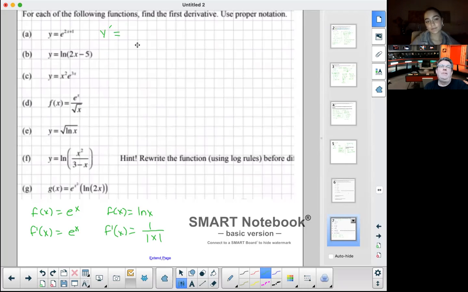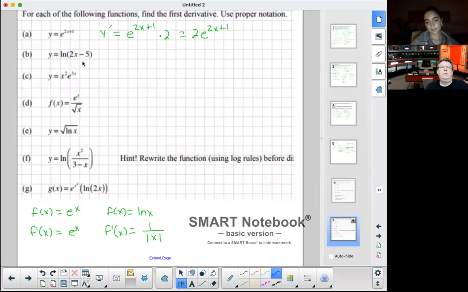Now with e, the outside function is e to the x. So the derivative is e to whatever is up there. We just leave it alone, multiplied by the derivative of the exponent. So times 2. So it's just 2e to the 2x plus 1.